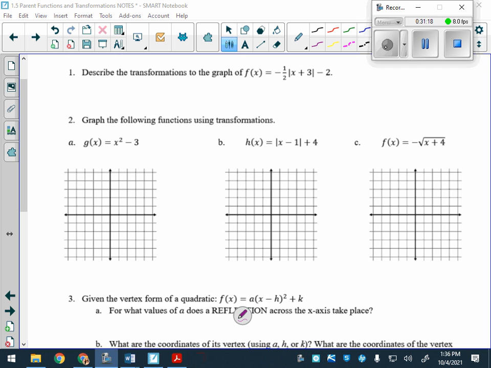Okay, so for number 1, what is one transformation happening? Genevieve, what's one? A reflection. Let's see. Louise, what's another?